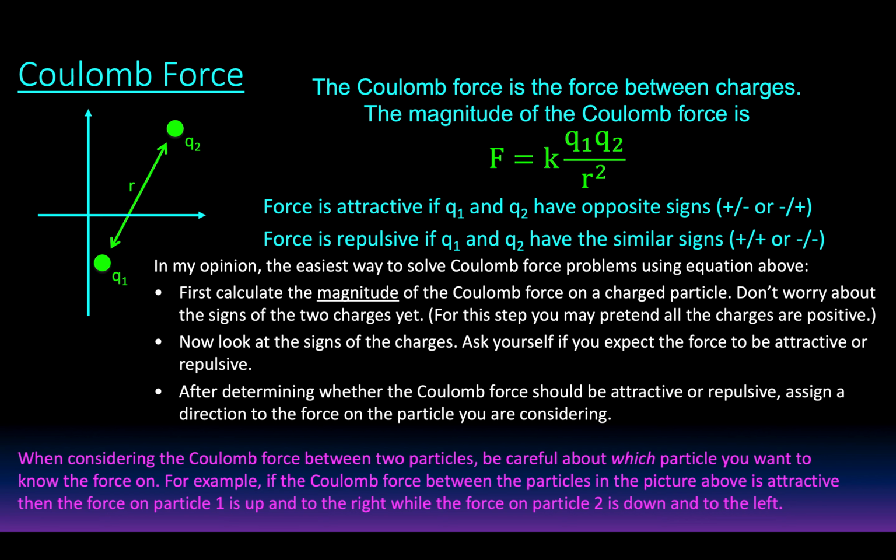If I am asking about the force on particle 1, the force on particle 1 would be up and to the right. However, if I am asking about the force on particle 2, because the force is attractive, the force on particle 2 will be down and to the left.